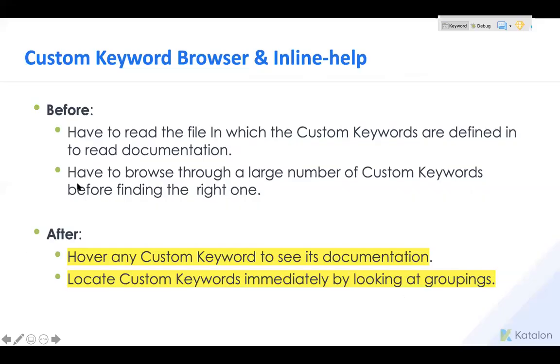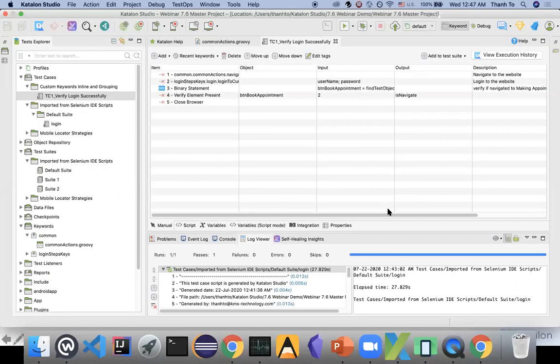Okay, and the second improvement is regarding the discovery of custom keywords, or how you find the right keywords for the job. Before, in order to find a custom keyword, you have to go to the keyword browser.